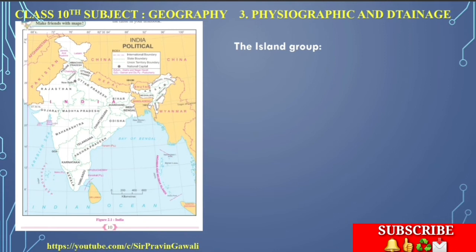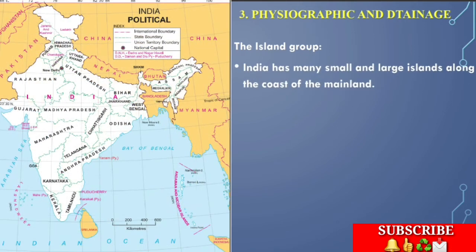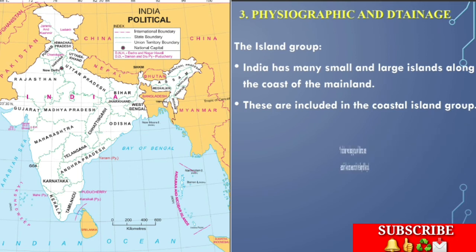Students, let's learn the last major physiographic division of India, that is the island groups. Students, India has many small and large islands along the coast of the mainland. These are included in the coastal island group.